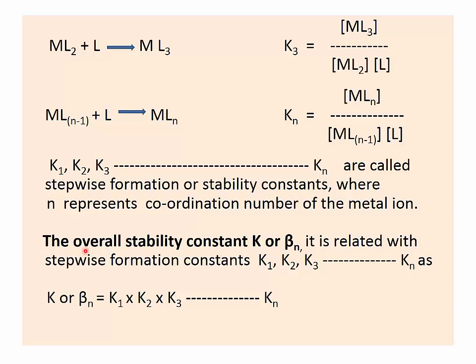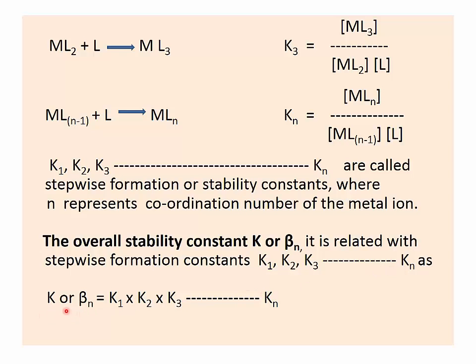Then say next point, overall stability constant. It is denoted by capital K or beta n. So this overall stability constant is related with above stepwise formation constants K1, K2, K3 up to Kn. How it is related? See this equation.